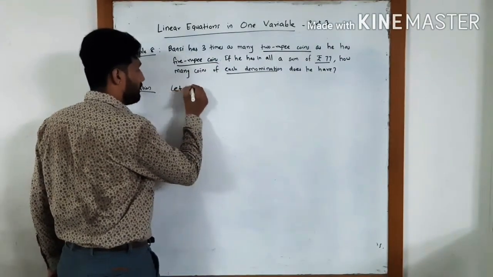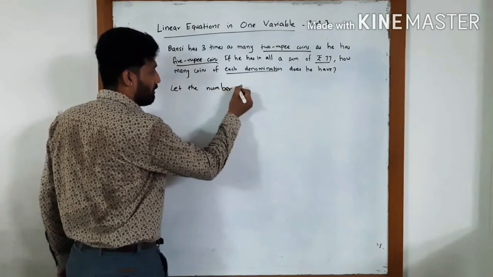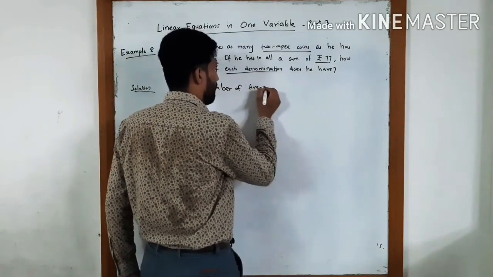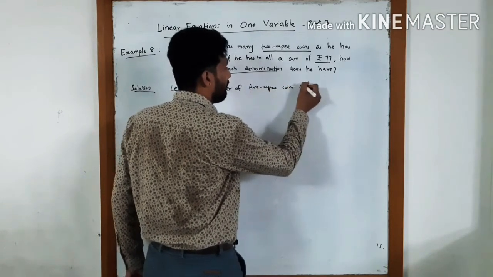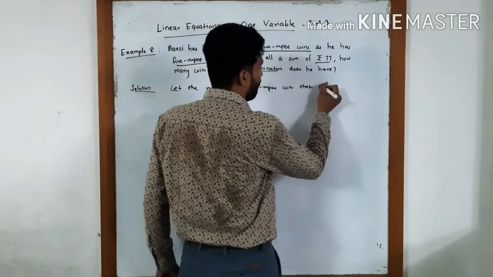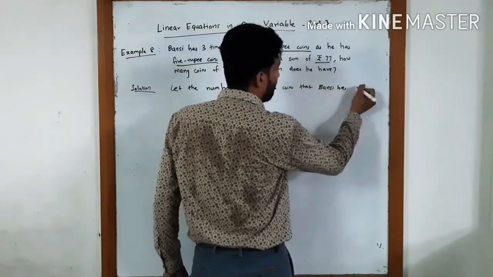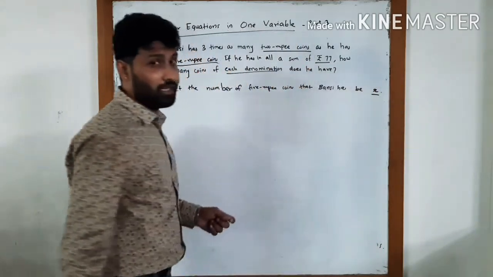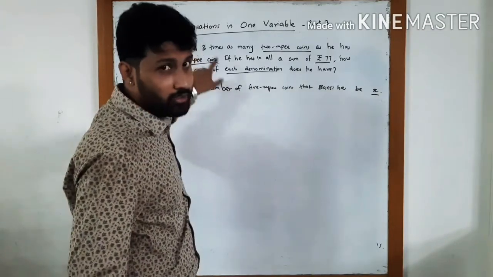Let the number of 5 rupee coins that Bansi has be x. So we are taking x to represent the number of 5 rupee coins that Bansi has.